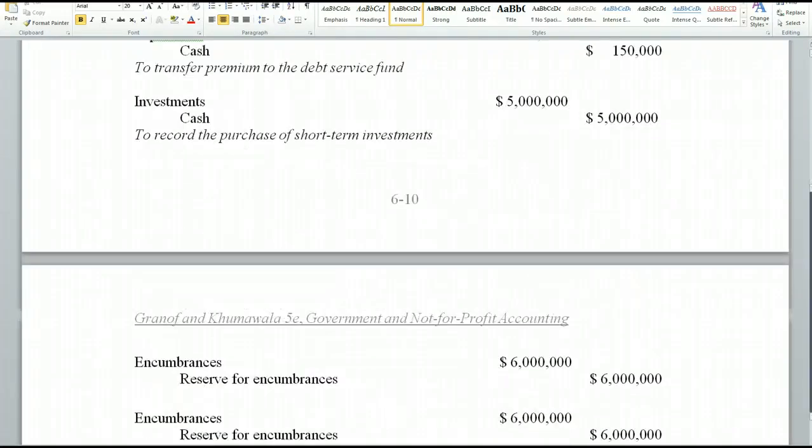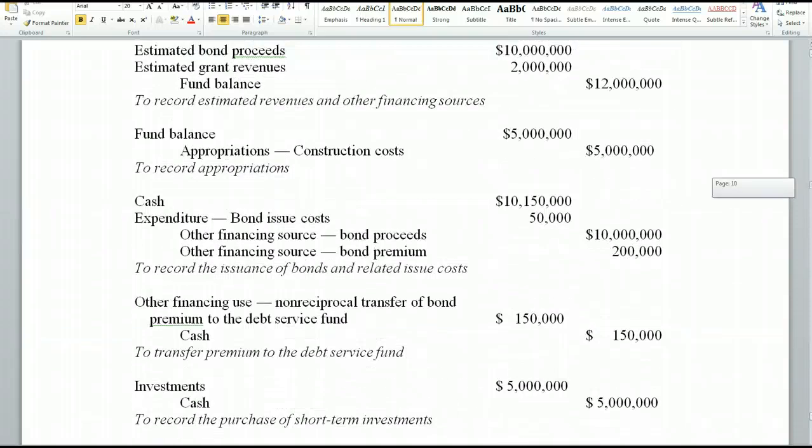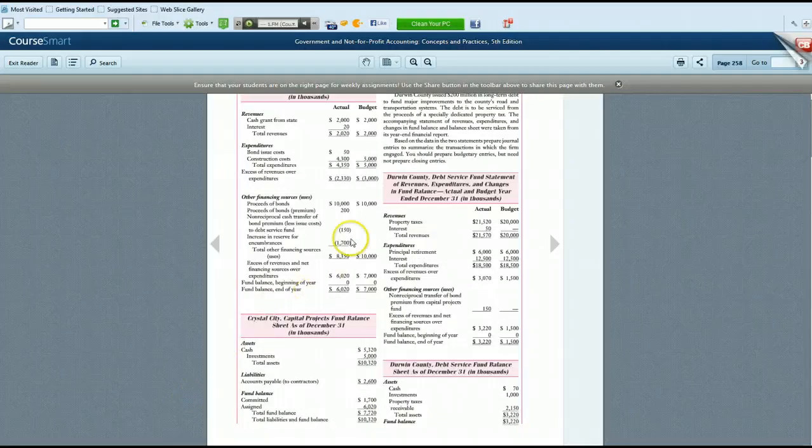Next, we will want to show that that money was transferred over to the debt service fund. So let's take a look back here at the $150,000. Again, non-reciprocal cash transfer of bond premium to the debt service fund. Non-reciprocal because this was a transaction that there was not an exchange.